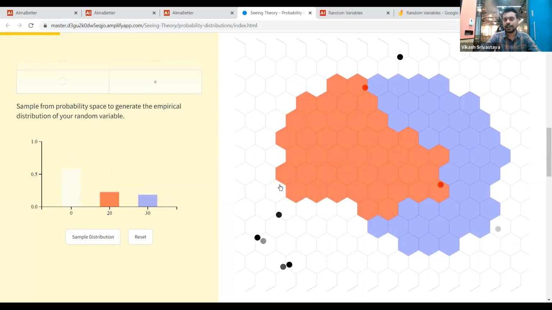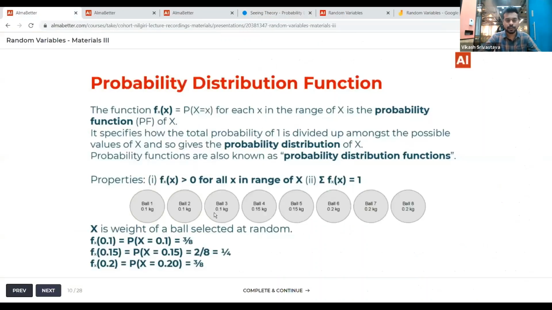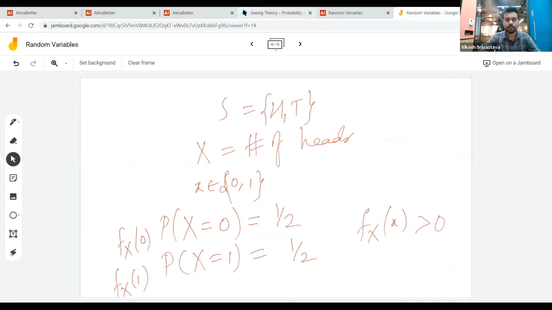Of course, as we sample more, this is going to change slightly, and all these three probabilities will add up to 1. This is the probability distribution, essentially very similar to how we discussed in the earlier example.